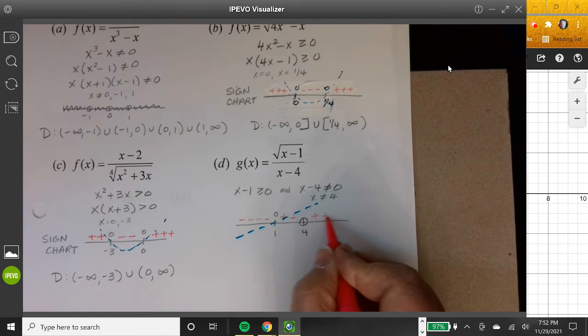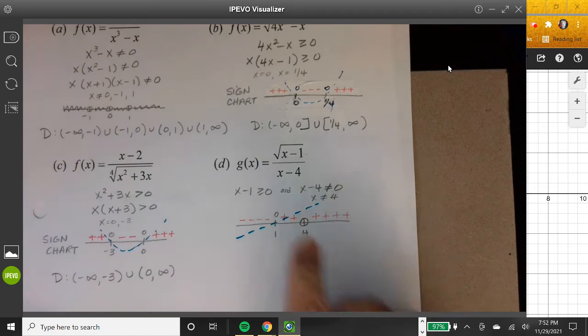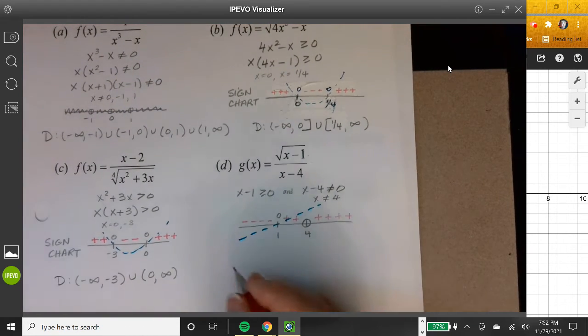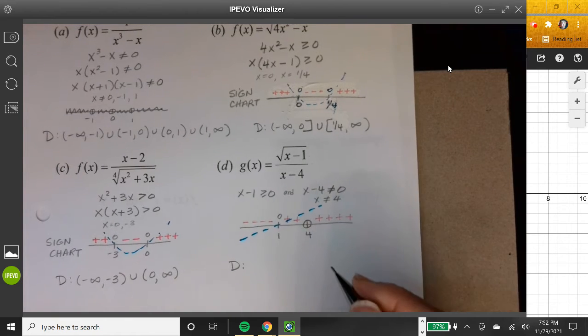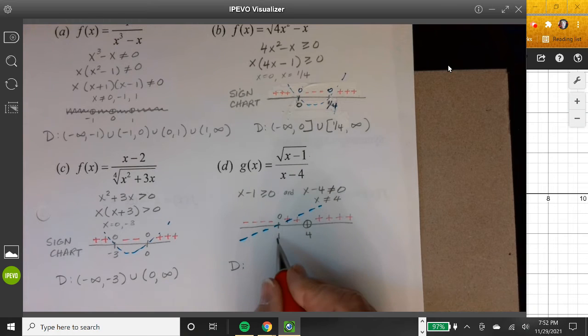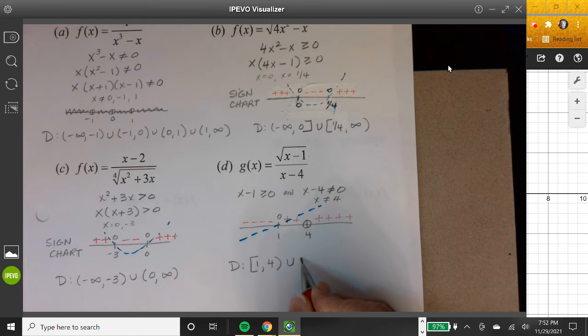I'm going to hop over 4 because I can't use 4. And the y values on this line are positive to the right of 1. So the domain here is going to be, now I can include 0 on this one, so it's going to be 1 to 4 with a parentheses in union with parentheses 4 to infinity.